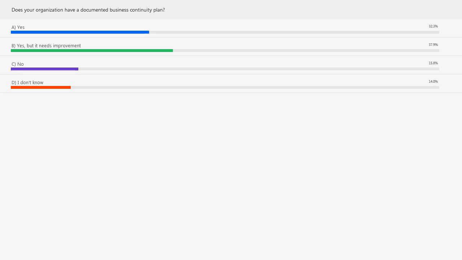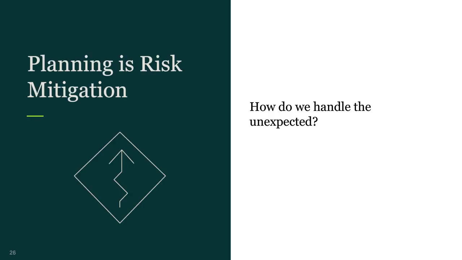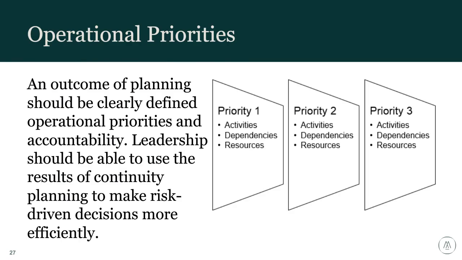So we've mentioned all the different reasons why we want to be doing these different types of planning. So operational priorities. This is where we're drawing from, hopefully, our strategic plan. If you don't have a strategic plan, this might be a good time to think that one through.